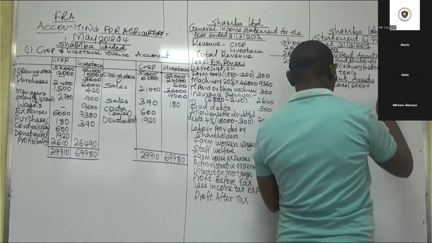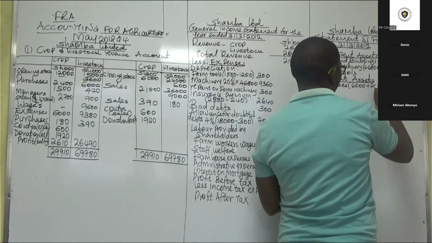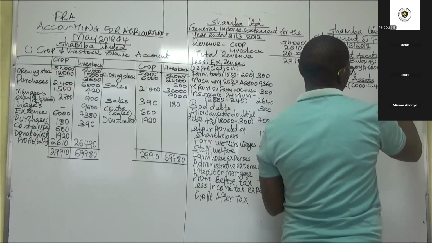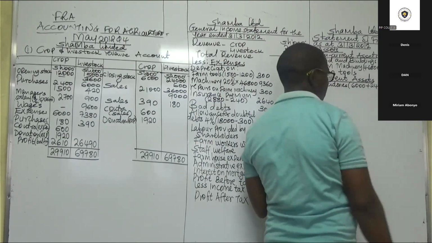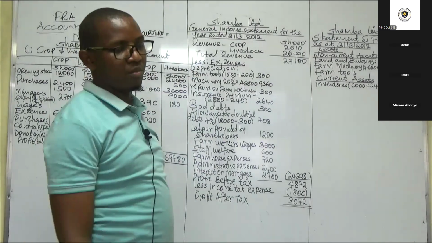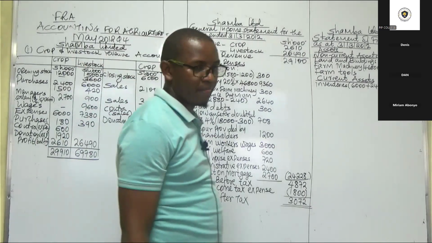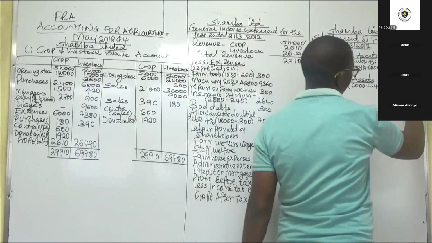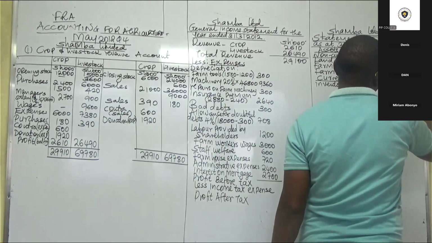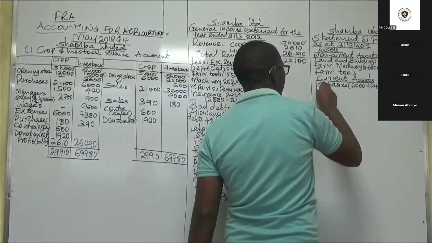You add 24,000. You add 600. How much is it giving you? 30,600. We also have the receivables.